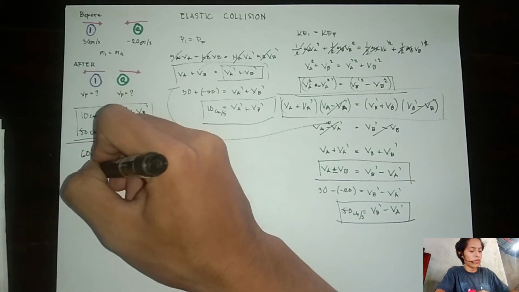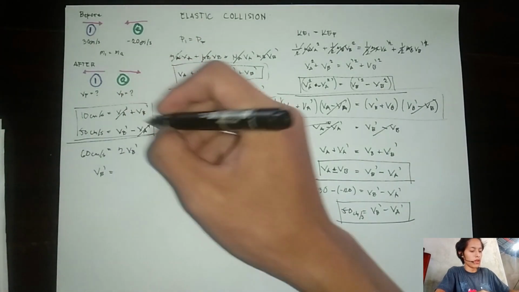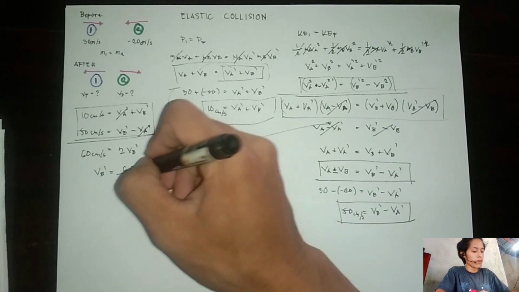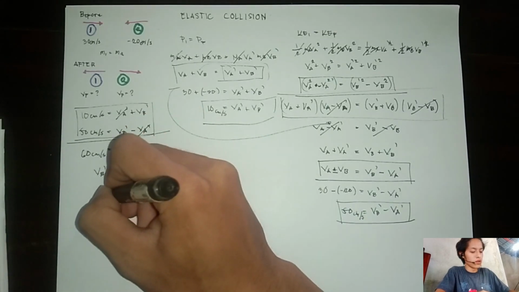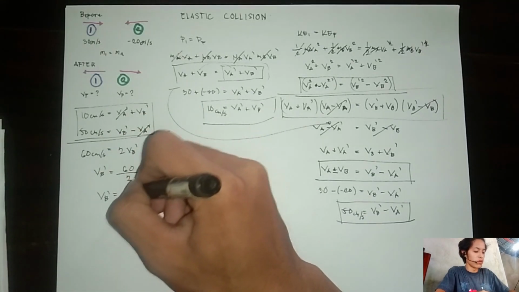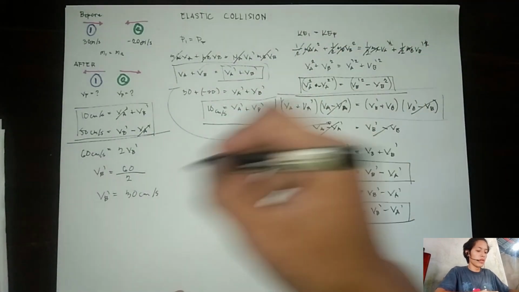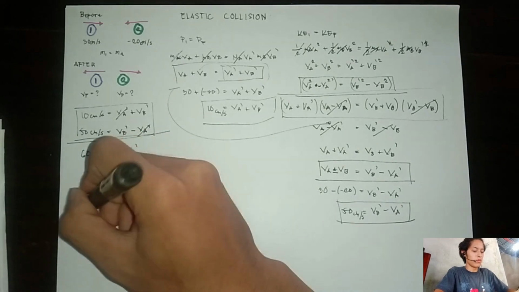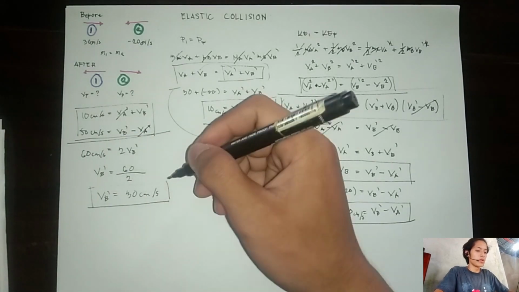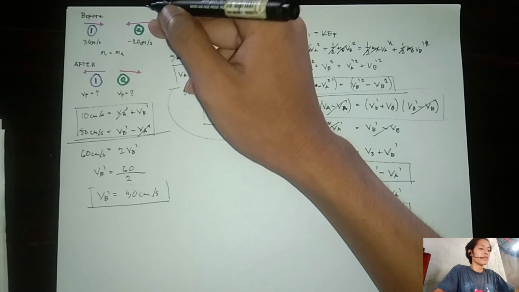So, ang hinahanap natin na yung velocity B final. Velocity B final is equal to 30 cm per second. So, ito na yung final velocity ng object 2 natin.